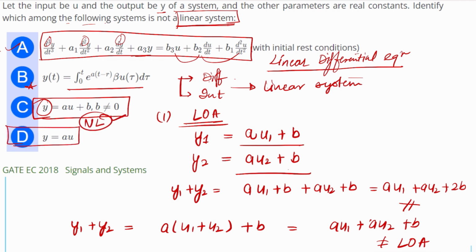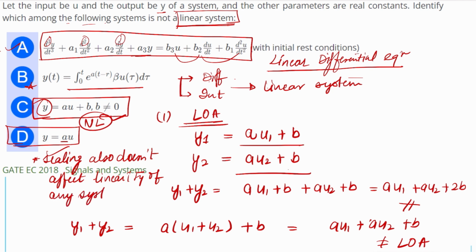And if we check for this system, it is a linear system because a constant multiplication before any input or output does not change the linearity or does not affect the linearity of the system. So scaling also doesn't affect the linearity of any system, right?